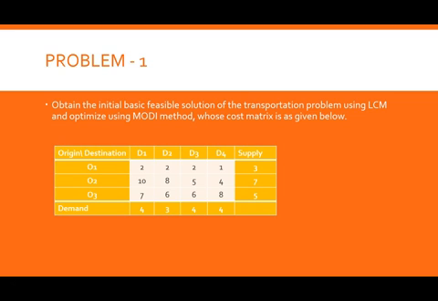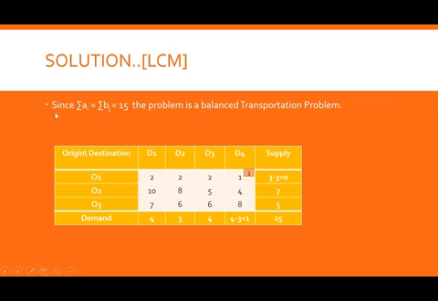Okay. So since summation Ai is equal to summation Bj is equal to 15, the problem is a balanced transportation problem. Because it is balanced, straight away you can apply LCM to obtain the IBFS.